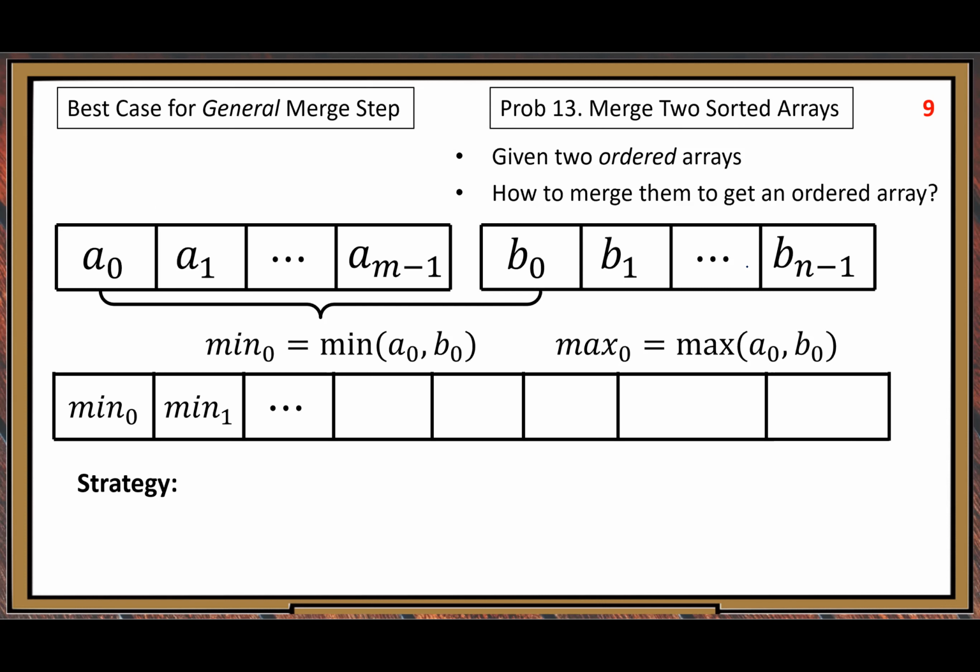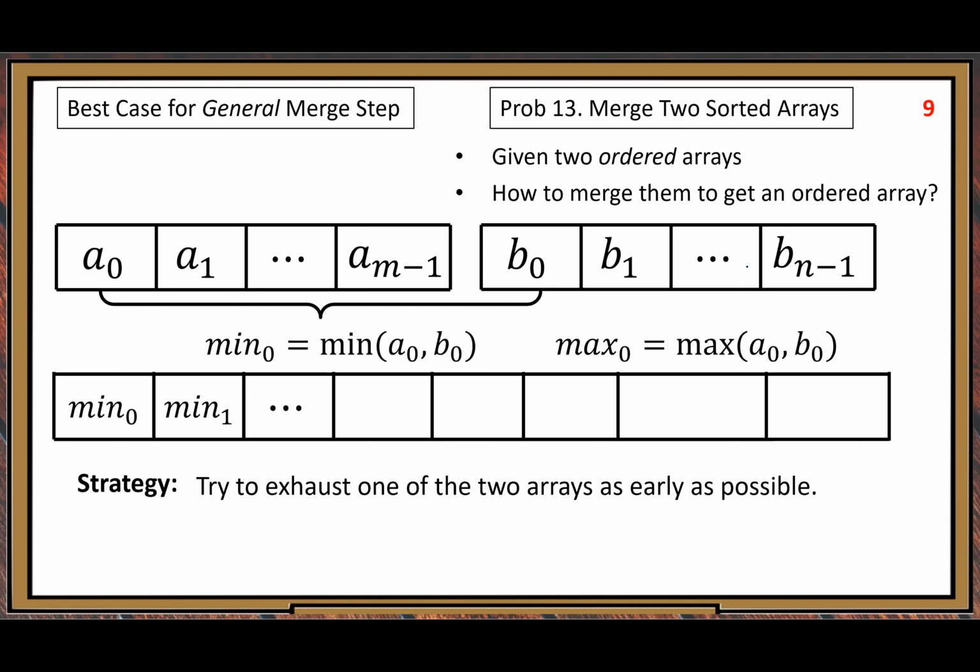Okay, so here, the strategy: try to exhaust one of the two subarrays as early as possible. How to exhaust? You just imagine the minimum of one subarray beats all the elements of the other subarray. When that happens, you exhaust all the elements in that subarray as early as possible, and you may get a minimum number of comparisons.